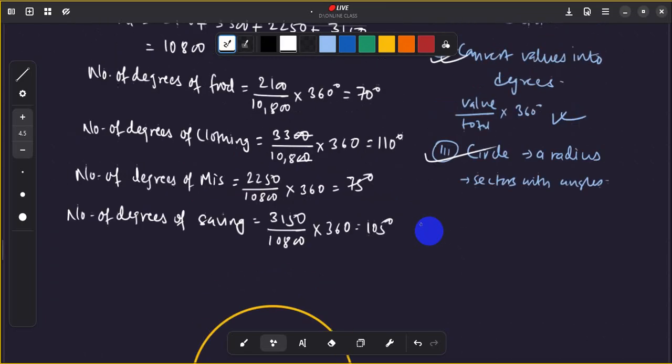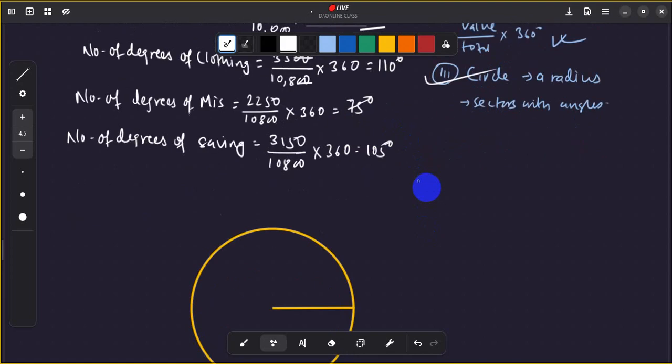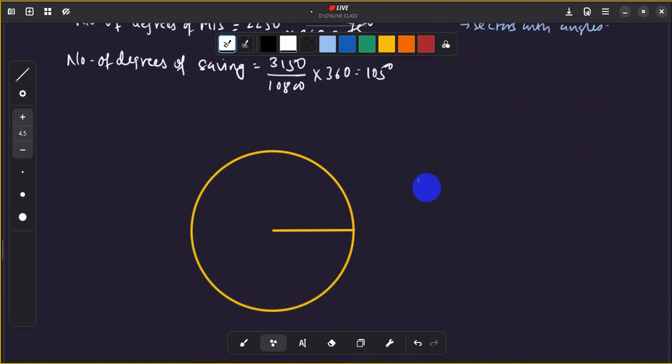No, sir. Okay, we have to construct this 70 degrees at first, right? The first number of degrees of the first item is 70. That means we have to place the protractor like this. We have to coincide the baseline of the protractor with this radius.